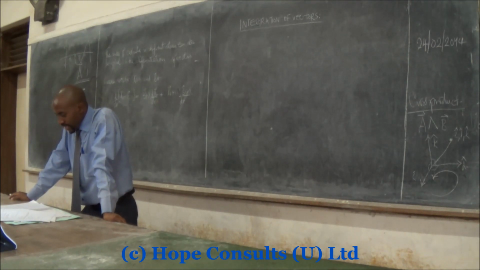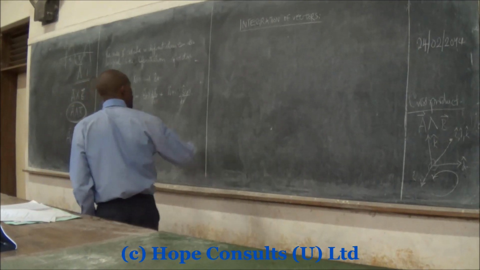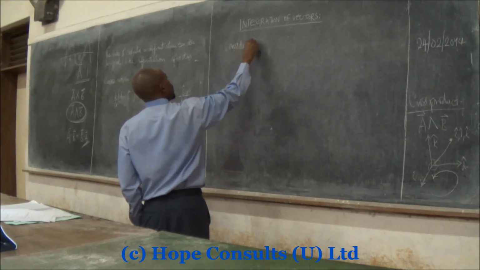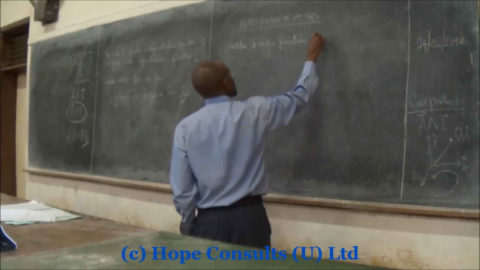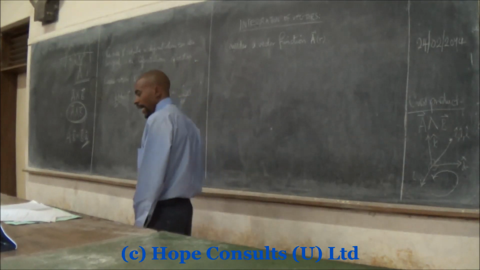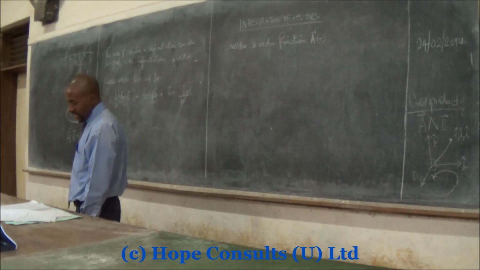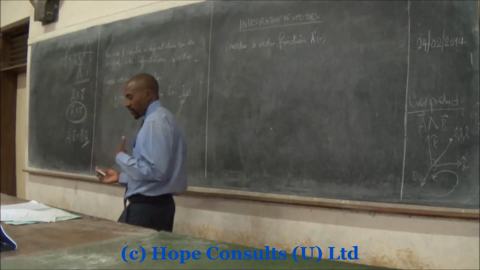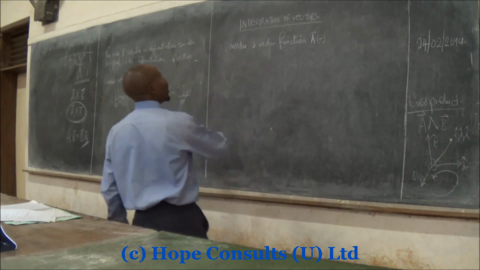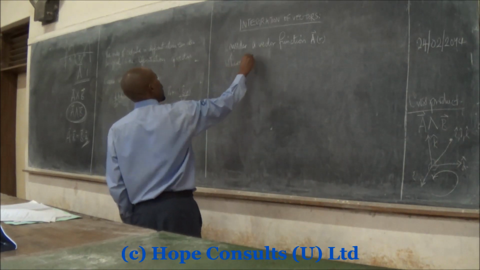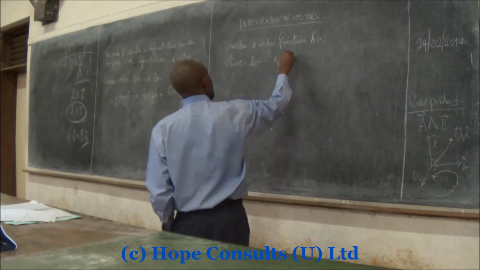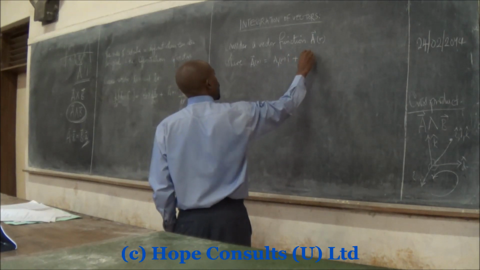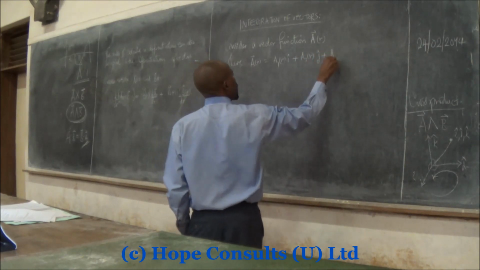So consider a vector function A(r). If I have such a vector function A(r), I can first split it up and say that A(r) is equal to A1 as a function of r, i plus A2(r) j plus A3(r) k.